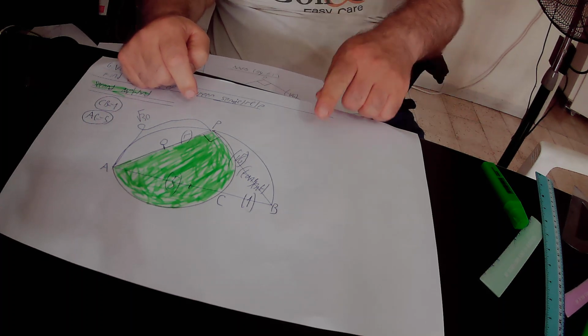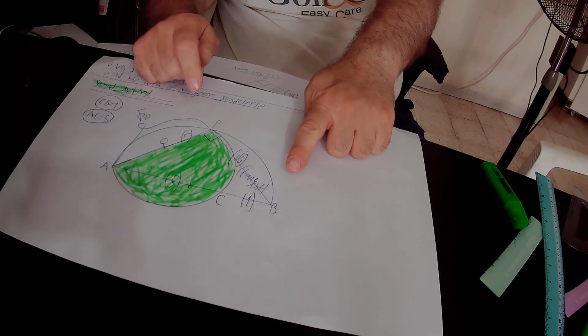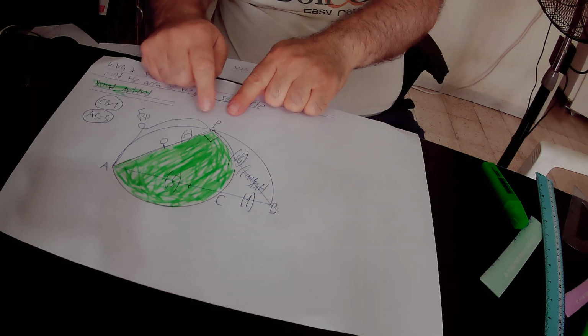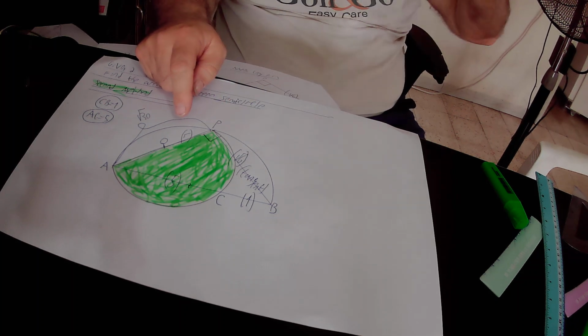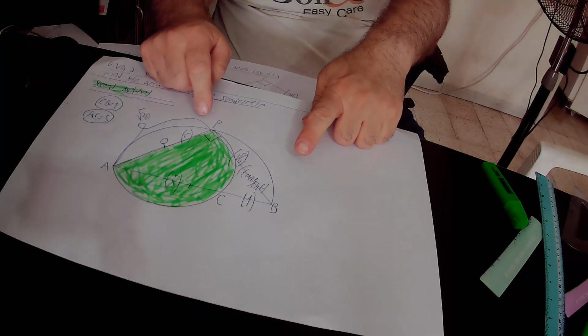In conclusion, you can say that line segment BP is perpendicular to PA, so line segment BP must also be perpendicular to the radius PO. Why? Because if a line segment is perpendicular to another line segment, then it must also be perpendicular to a part of that line segment.